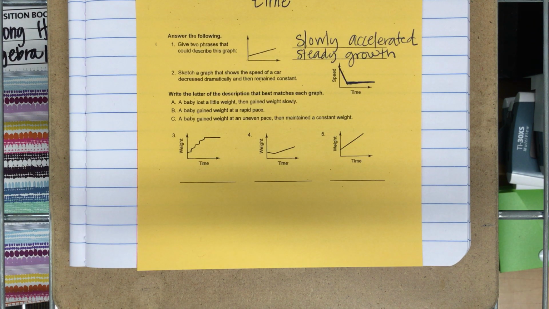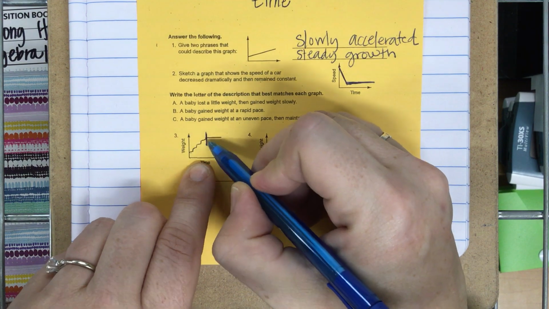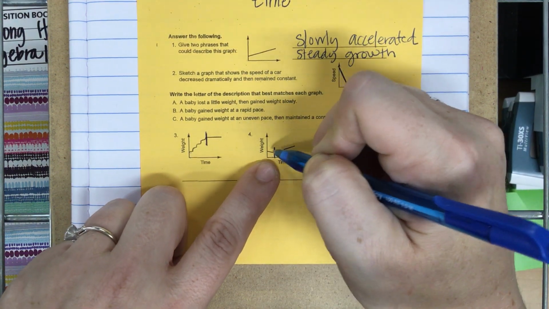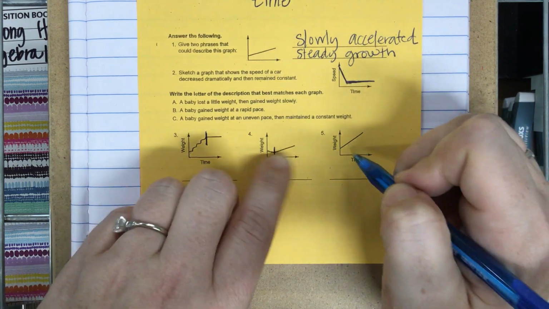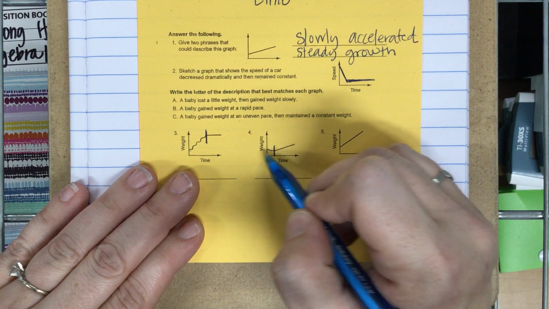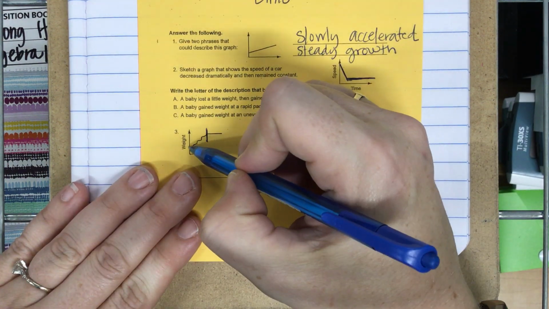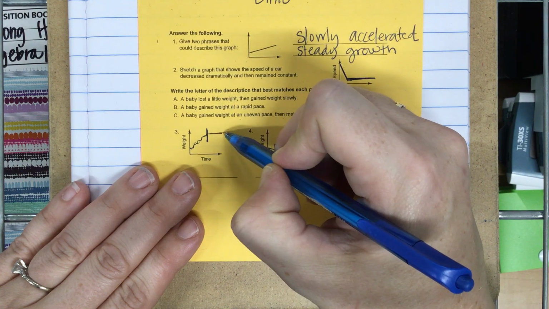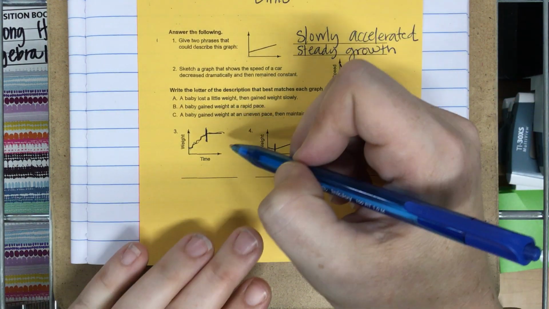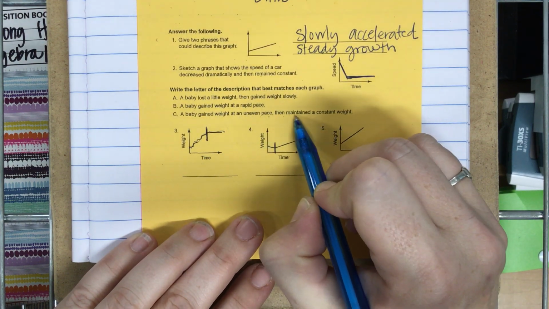So if you're confused, you split it up. This to this. This to this. Or this. So this has 2 sections, this has 2 sections, and this has 1 section. What does this show? And this show? Gained weight at an uneven pace, and then maintained.